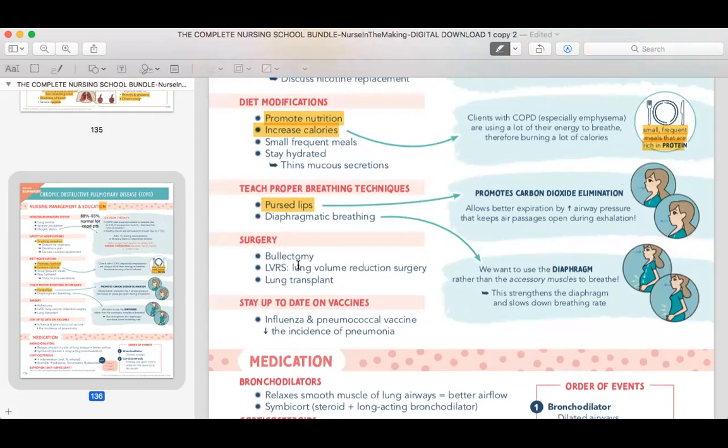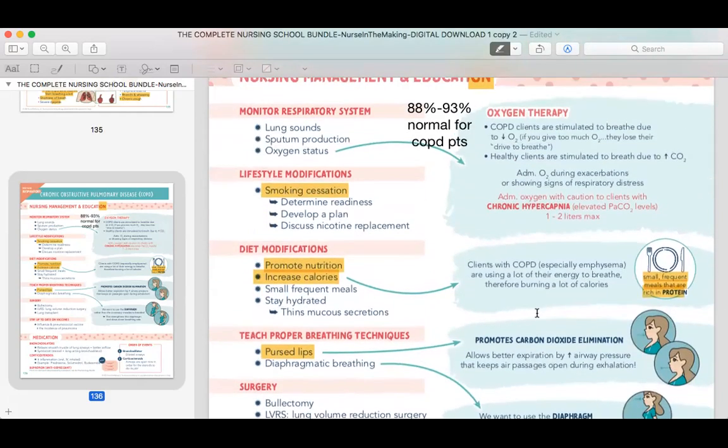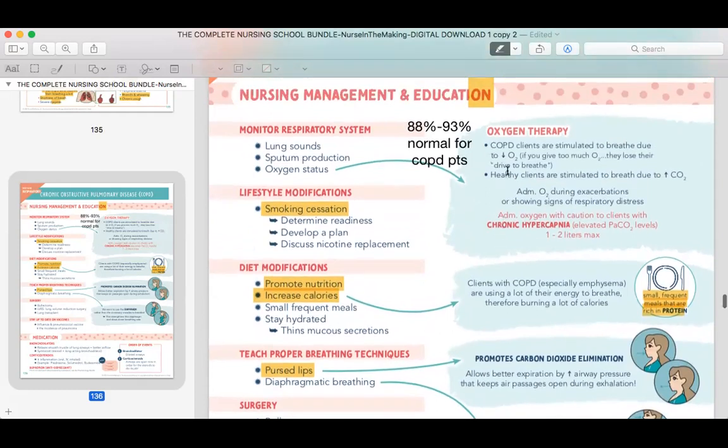Surgery, so you can have a lung transplant, but I haven't seen this on ATI. Oxygen therapy, I'm sorry, forgot to go back here.